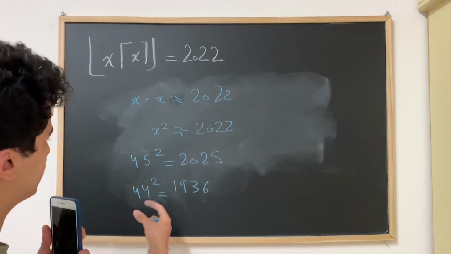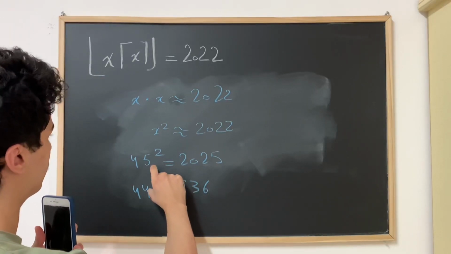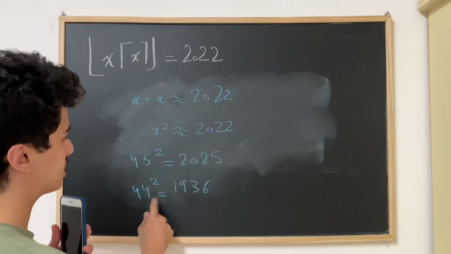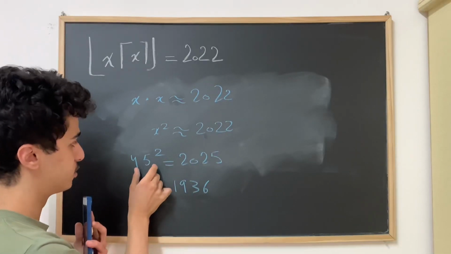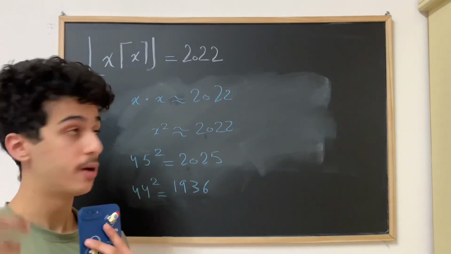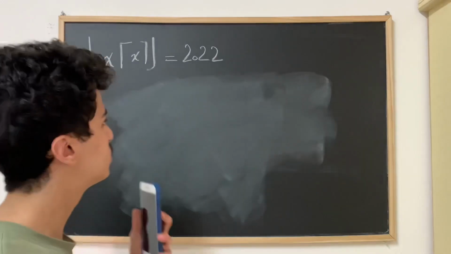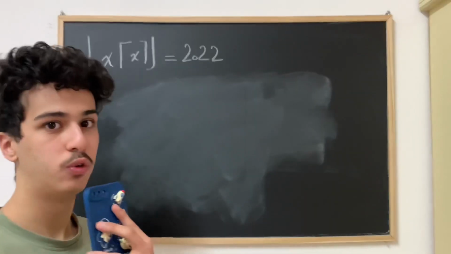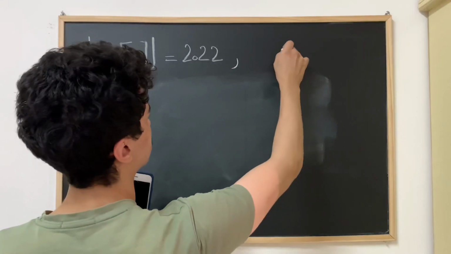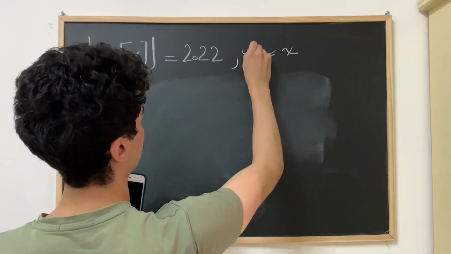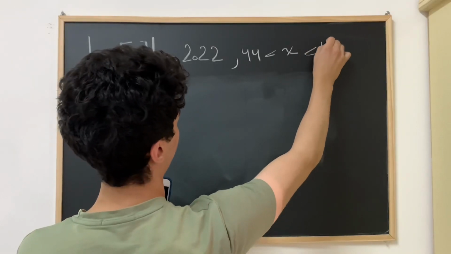So x has to be between 44 and 45, because if it's less, it's going to be very much less than 2022, and if it's more than 45, it will be above 2022. So if x squared is between 44 and 45, both squared respectively, that means x is greater than 44 and less than 45.